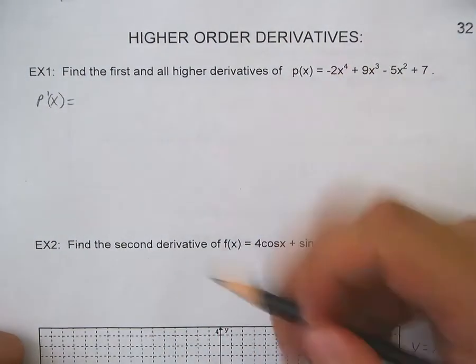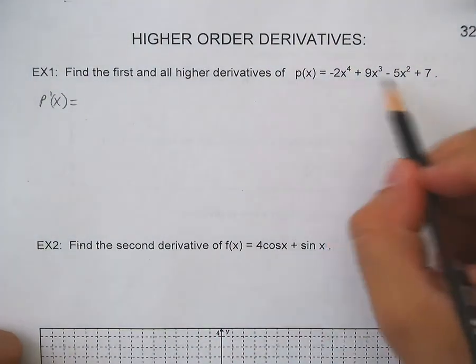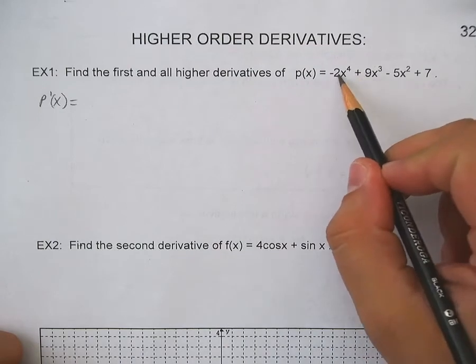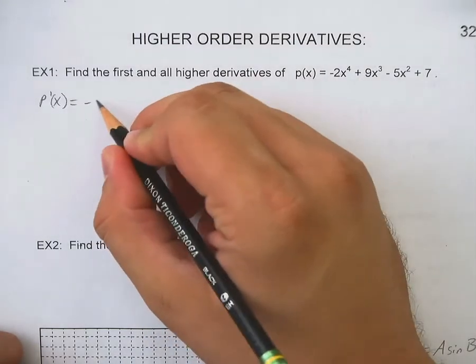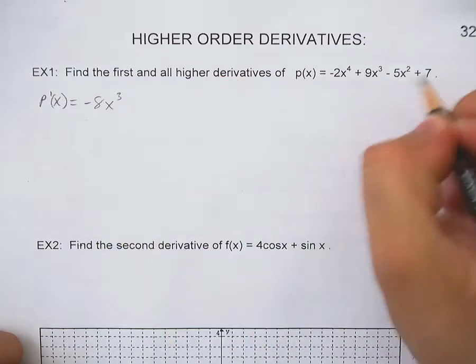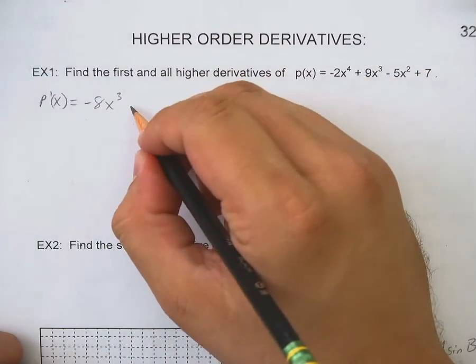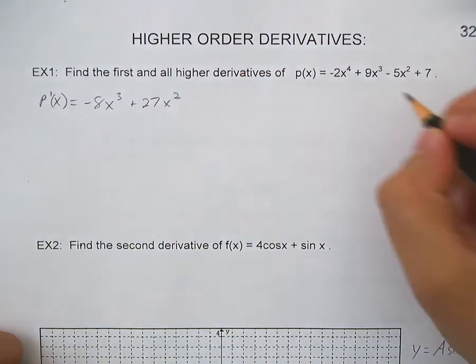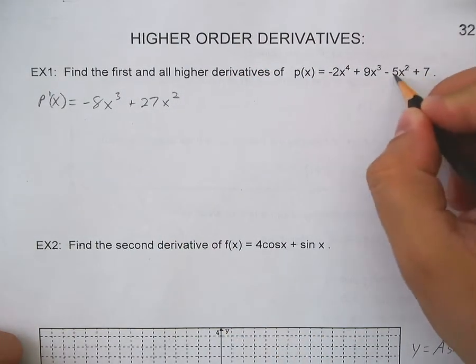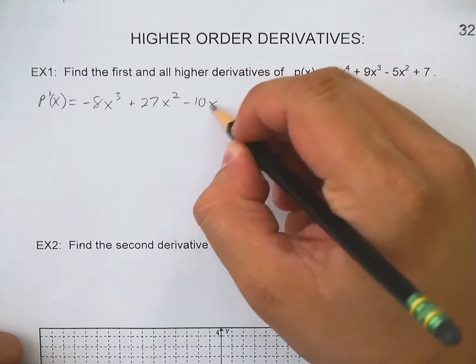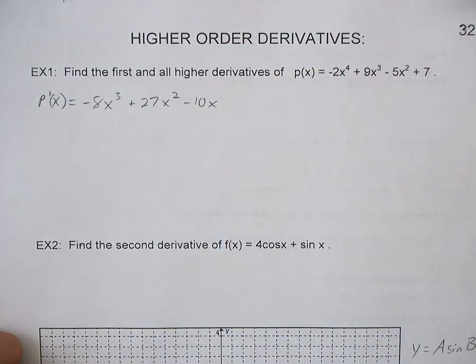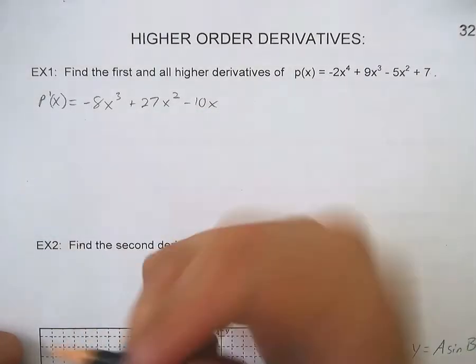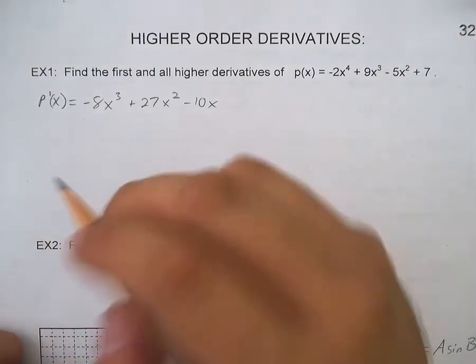Now your first derivative is going to be just a regular derivative, so drop your 4 down, so we have negative 8x to the third. 3 times 9, so we have a plus 27x squared minus 2 times 5, so minus 10x, and plus 7 just goes away, right?